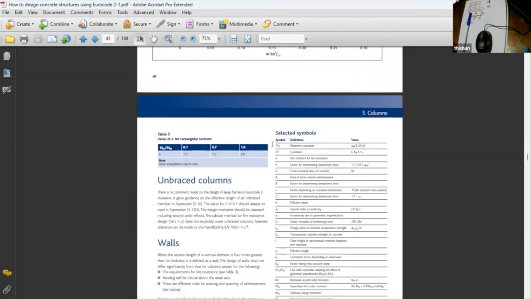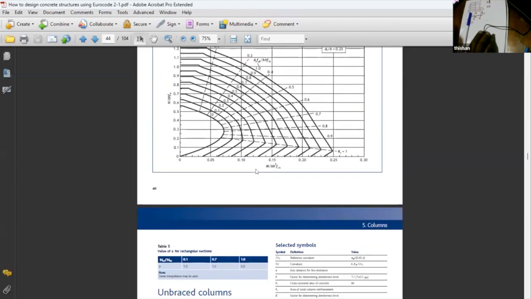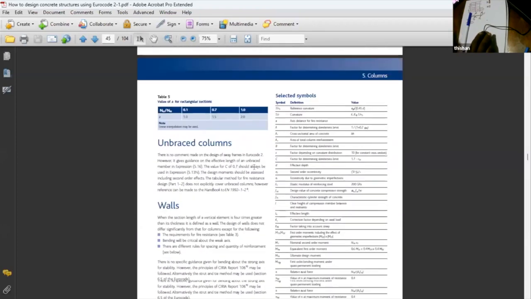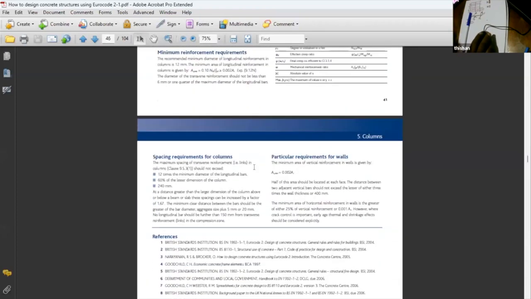It came with a simplified equation where biaxial moment can be converted to a single axial moment, and you can do the design. So many engineers still do the design that way, converting biaxial bending to single axial bending. So it's all up to you to decide which way you like it.